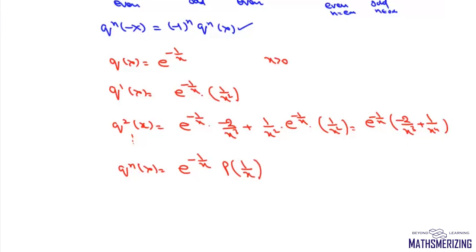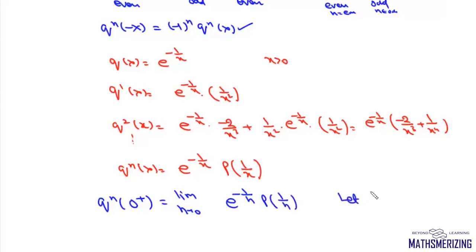Now if we have to find q^(n)(0) positive, it will be this limit as h tends to 0 of e to the power minus 1 by h times p(1 by h).